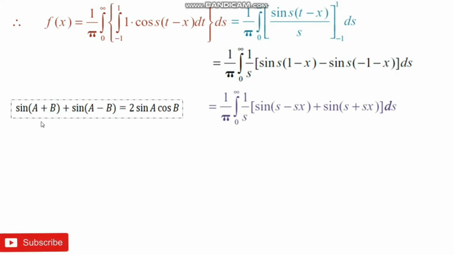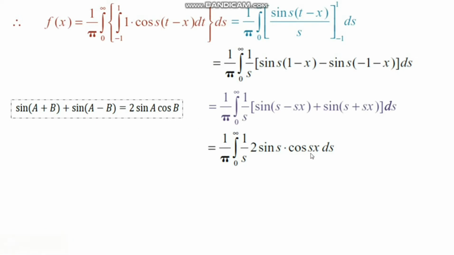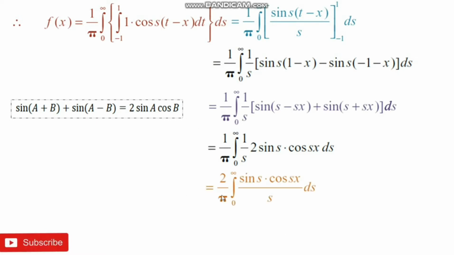We know that sin(a plus b) plus sin(a minus b) equals 2 sin a cosine b. According to this trigonometric relation, 2 sin s cosine sx is obtained. Instead of a we have s, instead of b we have sx. So we get 2 by pi integral 0 to infinity sin s cosine sx by s ds.